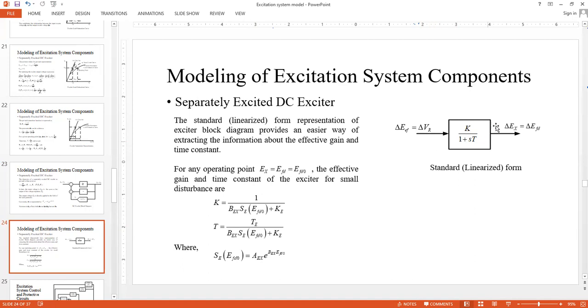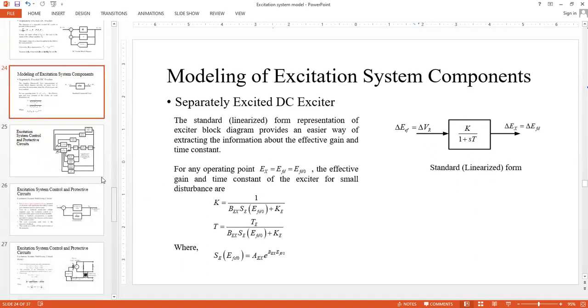And then we saw that the whole thing could be represented simply by this single block, where the gain is K and time constant is T. Input to the block is again the output of the voltage regulator, or deviation in the output of the voltage regulator, and output of this block is simply the deviation in the field voltage, delta EFD.